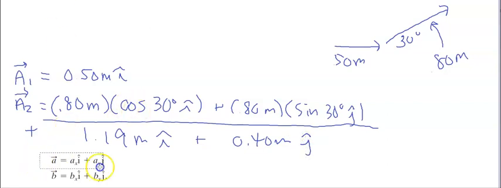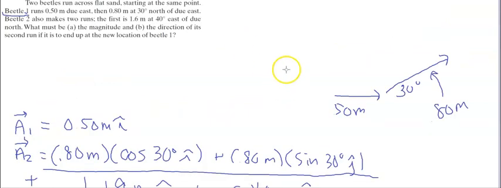Alright, let me clear this out. Now let's work on beetle 2's runs, and I'll do this in a different color. It says beetle 2 makes 2 runs. The first run is 1.6 meters, 40 degrees east of due north. So something like that. This is going to be 40 degrees, which means this here is going to be 50 degrees.